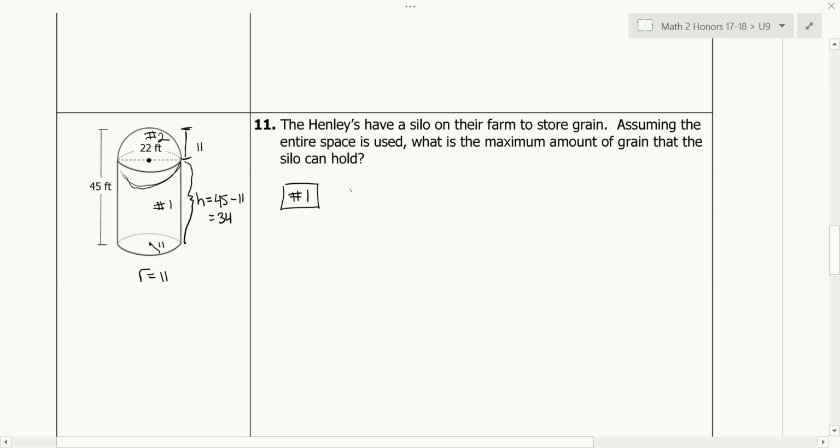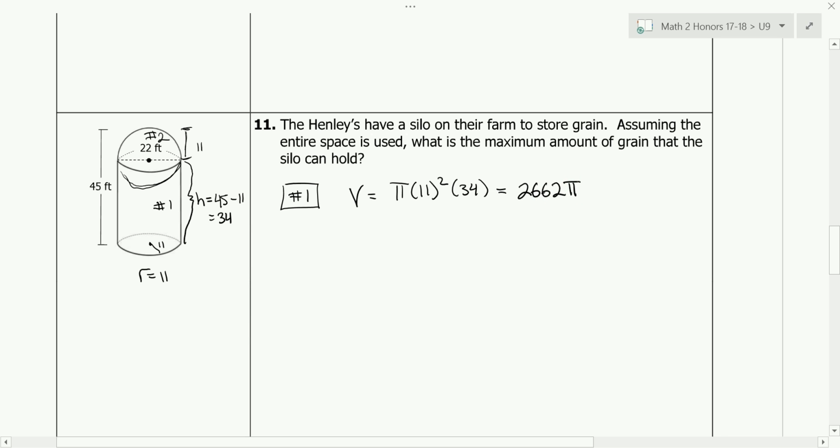So our volume for this piece, for number 1, is going to be the area of the base, so pi r squared, times the height of 34. And so we need to multiply 11 times 11 times 34. Don't multiply it with the pi, just multiply those together. And what do we end up with? Something times pi. 2662 pi.